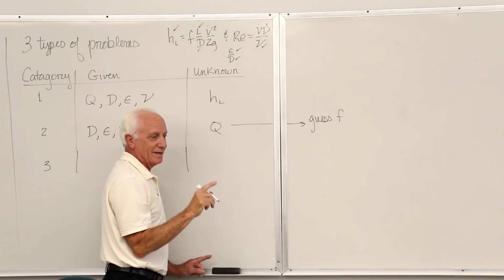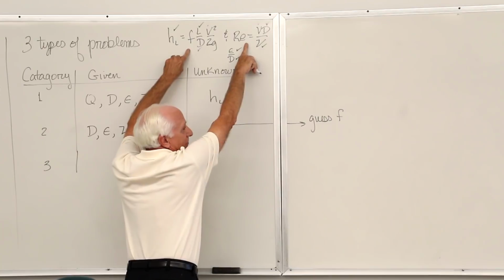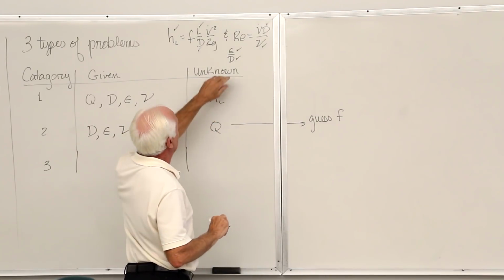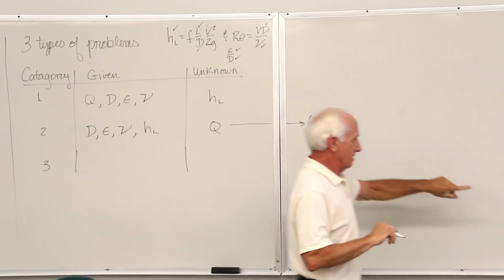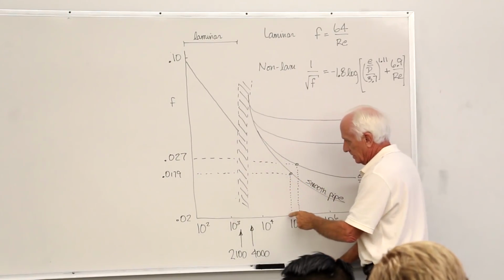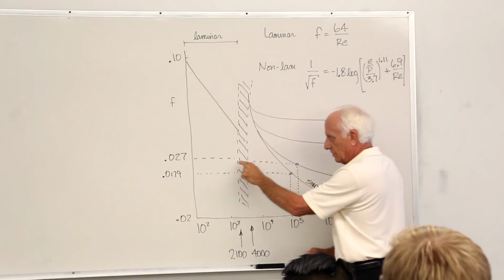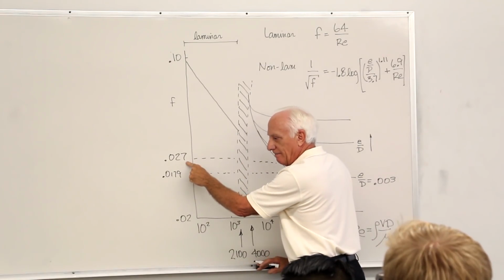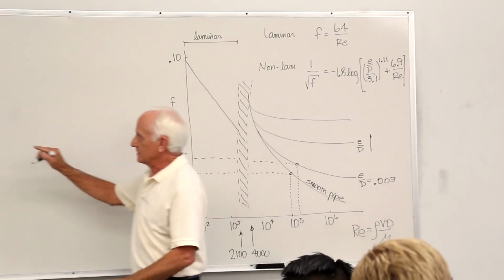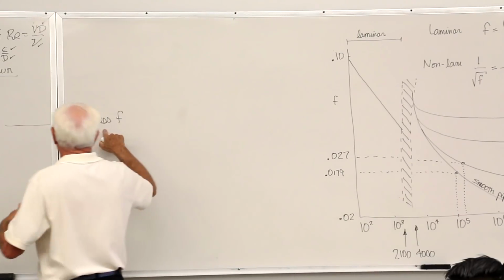Okay, I guess the F, and I can now find the Reynolds number. Take the Reynolds number, go over here. With that Reynolds number you got with the F guess, go up to the E over D line, go across. If the F you get doesn't match the F you guessed, try again. Repeat it with that new F guess.